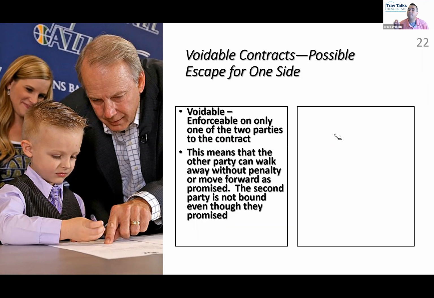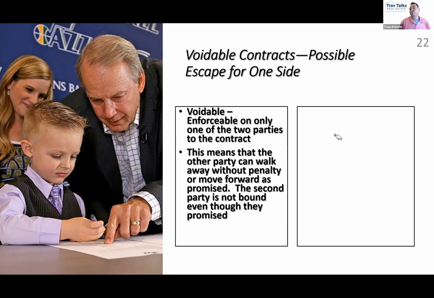A voidable contract is one where there is still legal weight, but only on one side. You've got two parties, two sets of people who made promises, but only one of them is going to be held responsible for those promises for one reason or another.